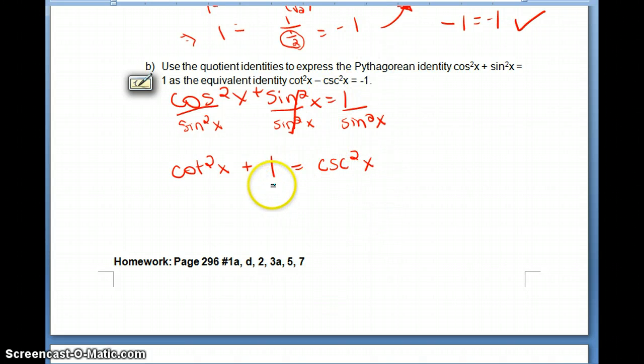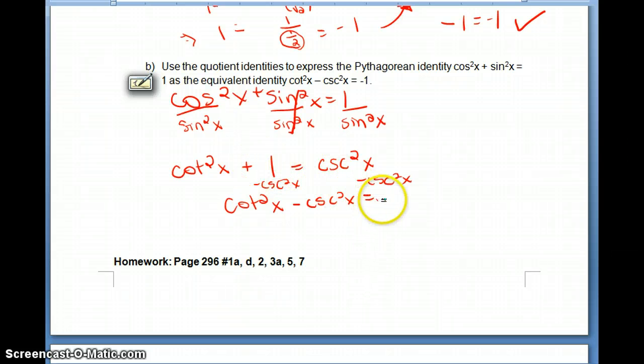And then just manipulate this equation here. We're going to subtract 1 on each side, and as well subtract cosecant squared of x. So we have cotangent squared x minus cosecant squared x is equal to -1, and here we have our identity.